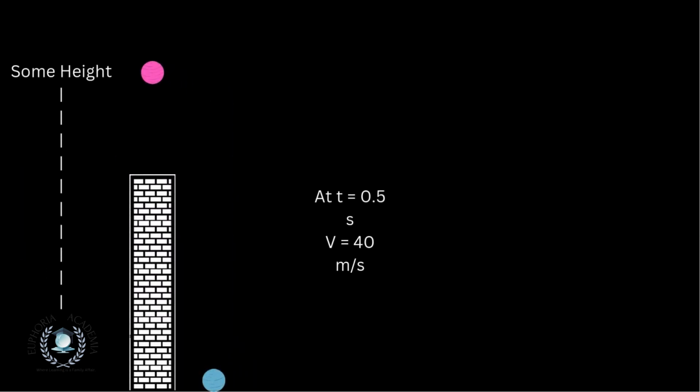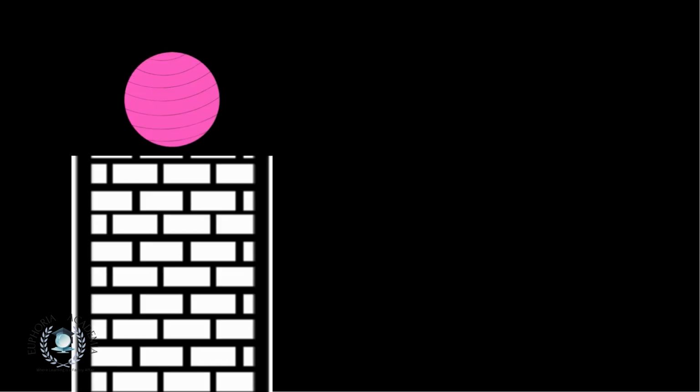After half a second, it will have an initial velocity of 40 meters per second, while the disk C will be at some height. The ball will be launched at this initial velocity up until it reaches the disk. Now, how long will it take? That is the question. Let's get into it.